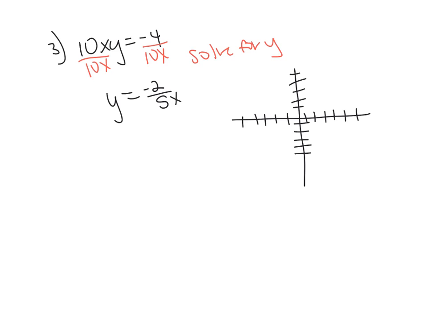Well, first off, I have a negative out here in the numerator. So what does a negative do to my graph? Negative is a reflection, and this will be reflecting over the x-axis.